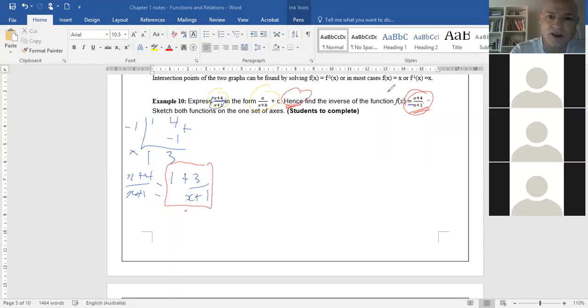So I'm going to find my inverse. Let y = f(x), which equals 1 + 3/(x + 1). Swap x and y, so I get x = 1 + 3/(y + 1).